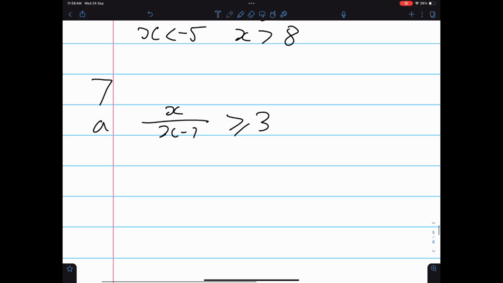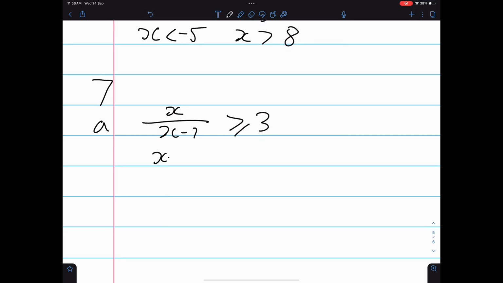One will be, to get the vertical asymptote, if we make the denominator 0, that is a point where y is undefined.